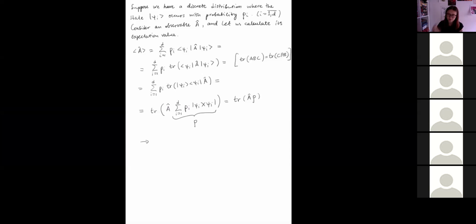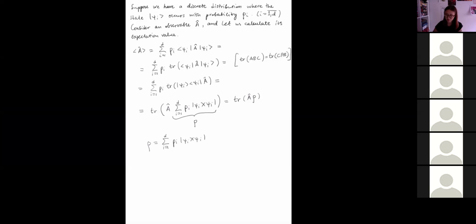And from this example, we see why it is handy to define this object as the density matrix of this ensemble of the states psi_i with a probability distribution p_i.